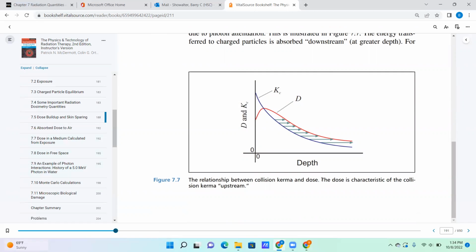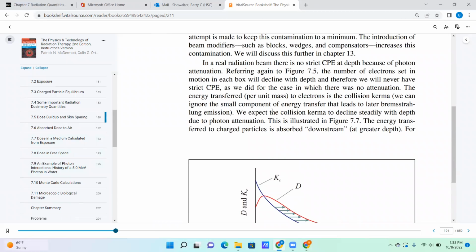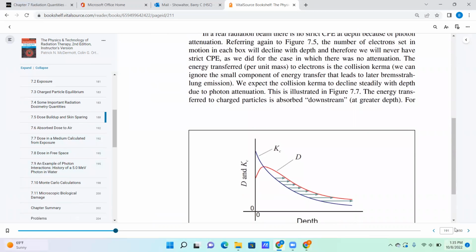You've got collision kerma and dose. Collision kerma is here, and you've got dose here. So the dose is characteristic of the collision kerma upstream. So you expect the collision kerma to decline steadily with depth due to photon attenuation. The energy transferred to charged particles is absorbed downstream.